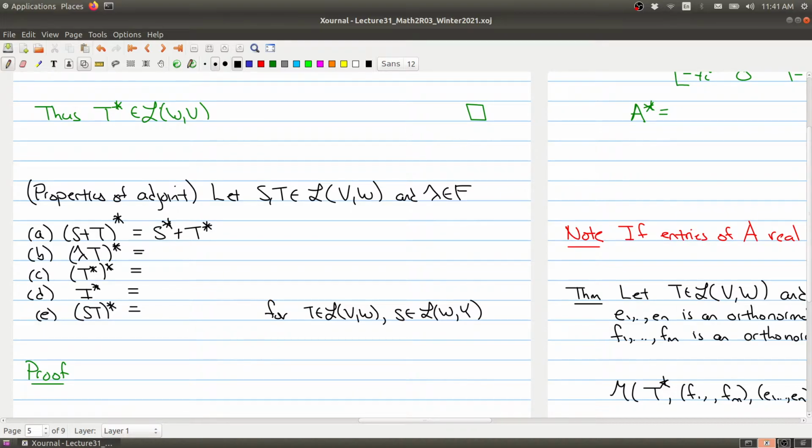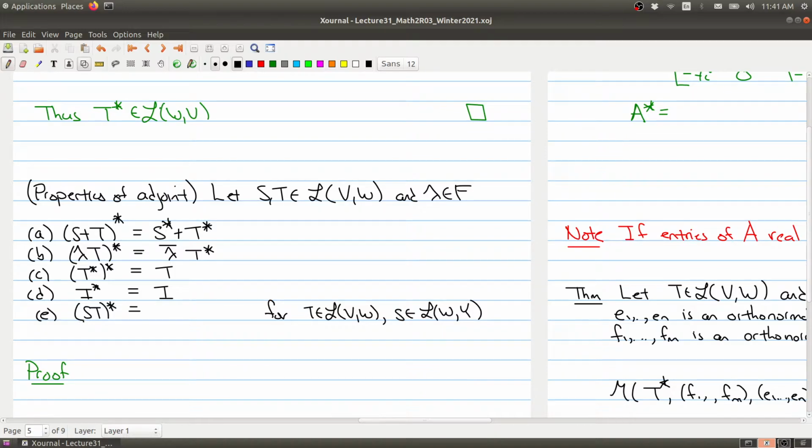How does the adjoint respond to scaling a linear map? Well, that corresponds to taking the complex conjugate of lambda times the adjoint of T. If you take the adjoint of the adjoint, you will get back the original function. If you take the adjoint of the identity, you get the identity map in the reverse direction.